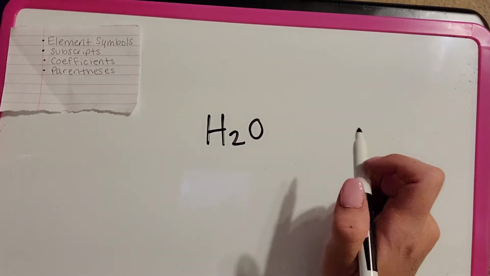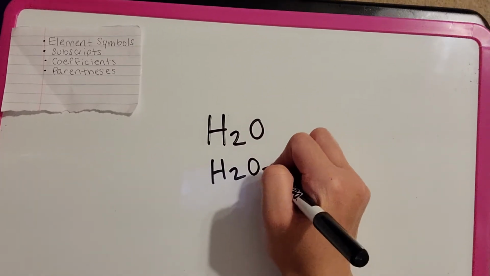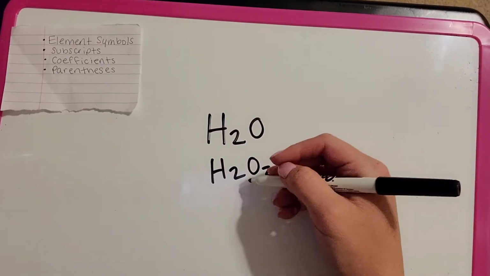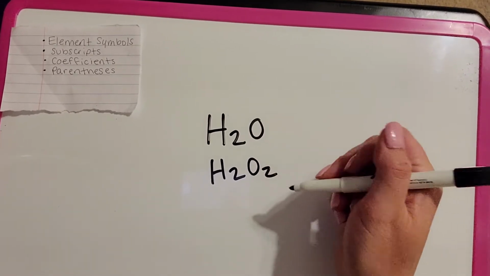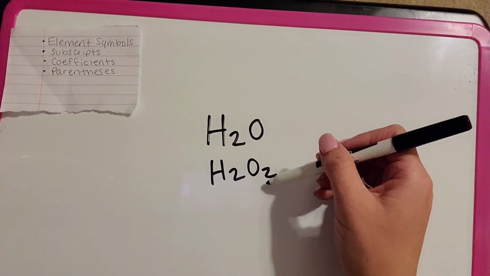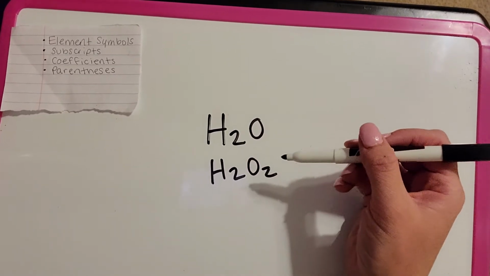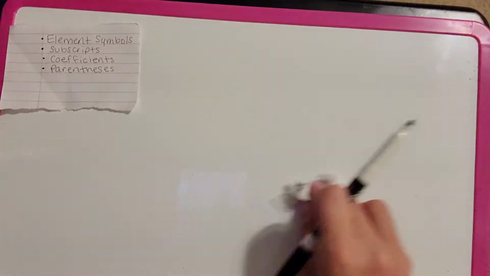Now, here is another chemical formula, and this one is not water anymore. That's now hydrogen peroxide. There's a little cartoon in your notes there that you can laugh at. That is a totally different spelling in a new chemical formula. So spelling is really important, and getting the subscripts correct.